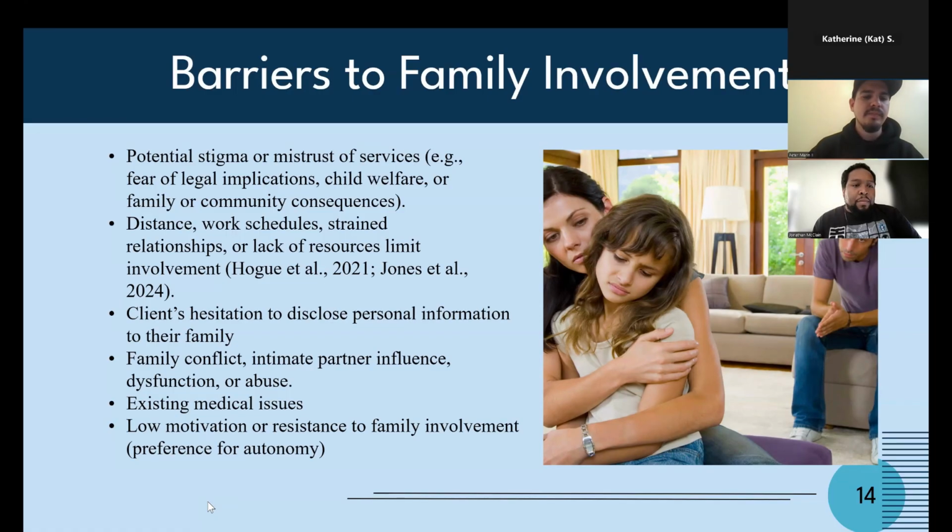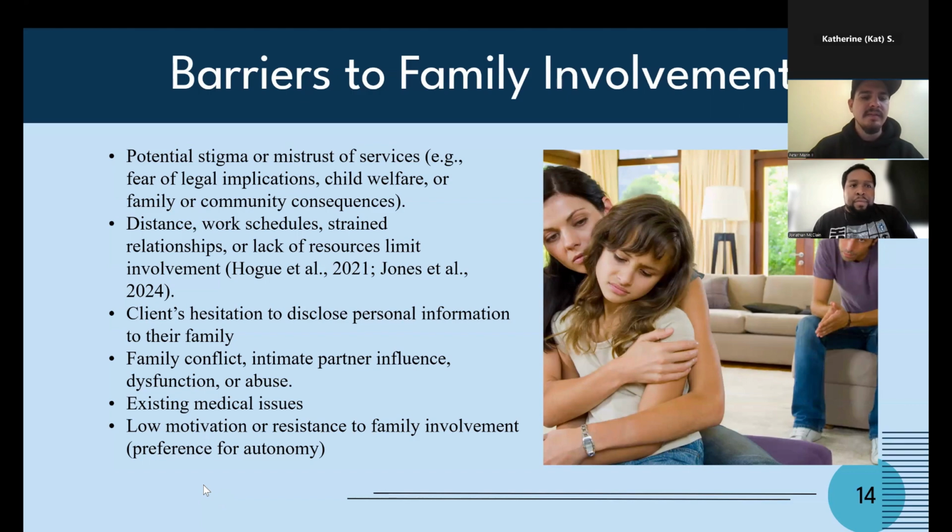The client's hesitation to disclose personal information is also a barrier that's crucial in relation to SLEs and to their family.